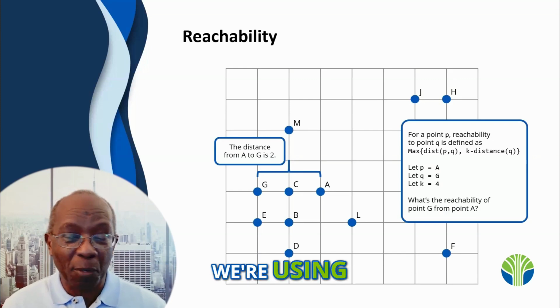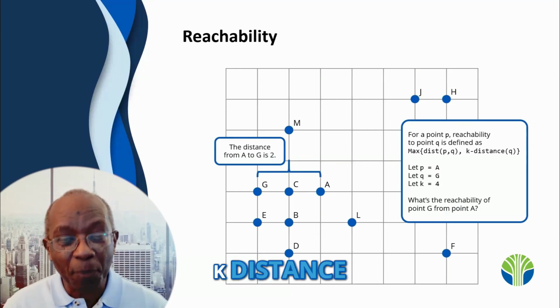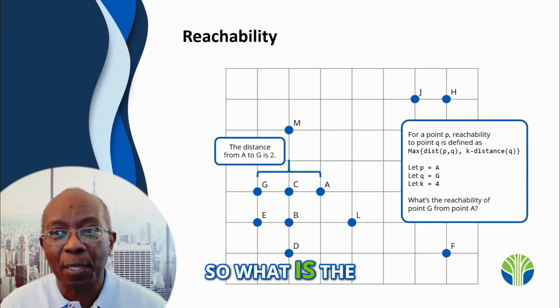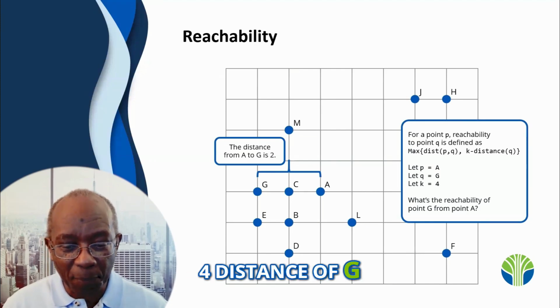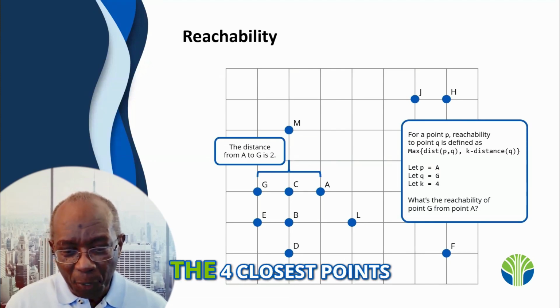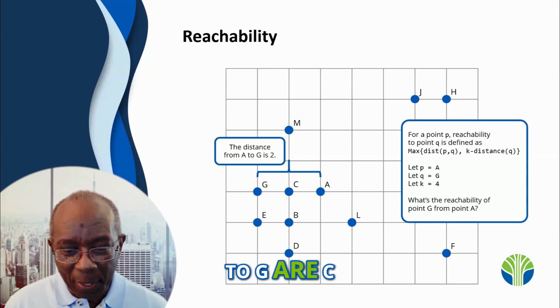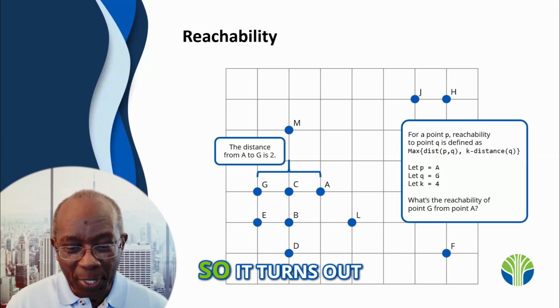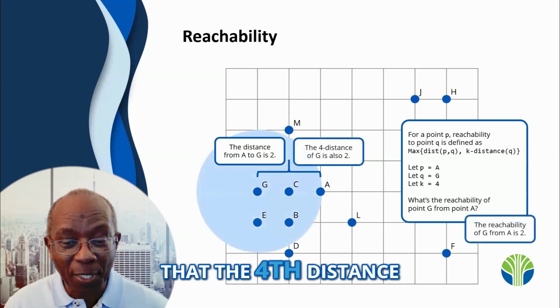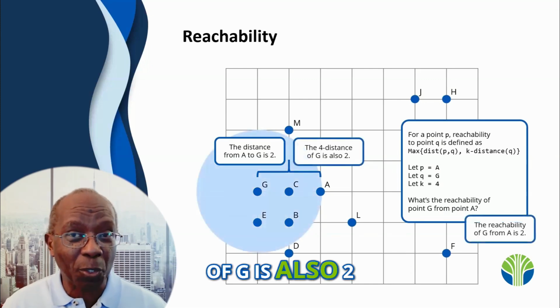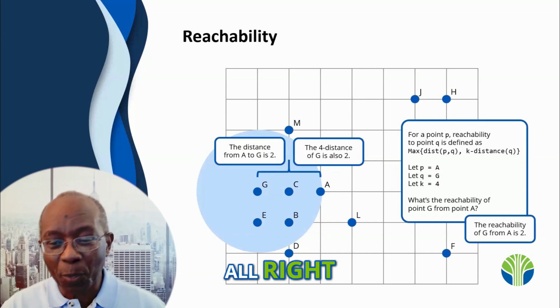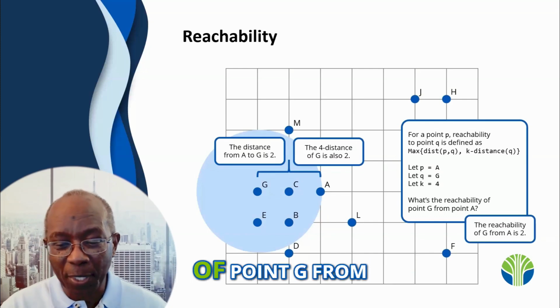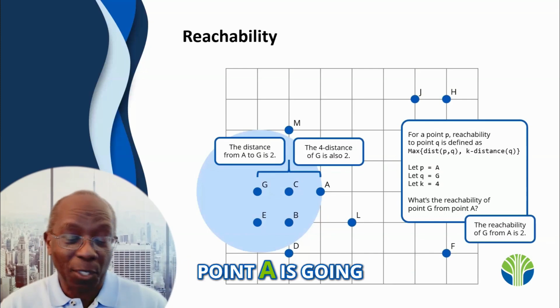Remember, we're using 4 for our k distance. So what is the 4 distance of G? When you look at G, the 4 closest points to G are C, B, E, and guess what? A is the 4th one. So it turns out that the 4 distance of G is also 2. So we have a tie. We shall say that the reachability of point G from point A is going to be 2.